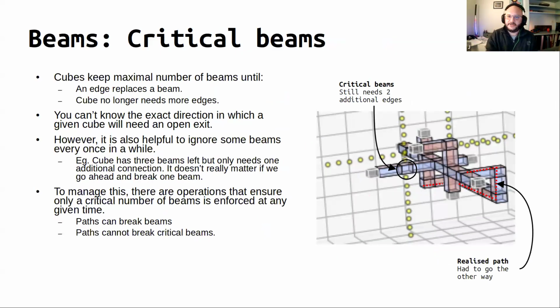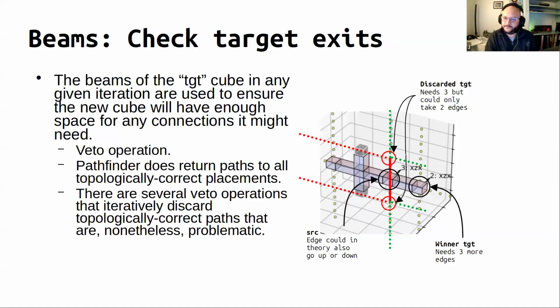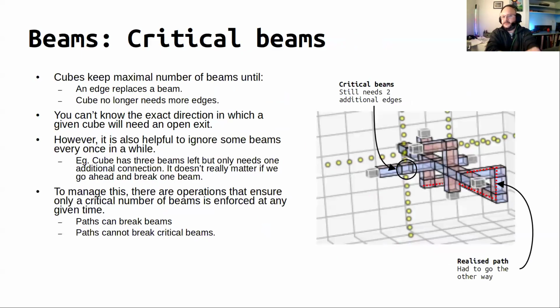There's also another operation called critical beams, which ensures that we don't overdo these. So for example, if this number 2 only needed one more connection, then it would be fine to throw it up because there are still 2 green beams. So what the critical beams do is to signal a minimum number of beams that are needed for any operation.